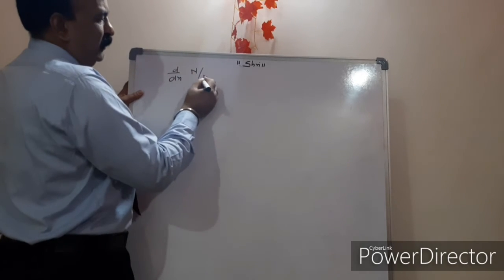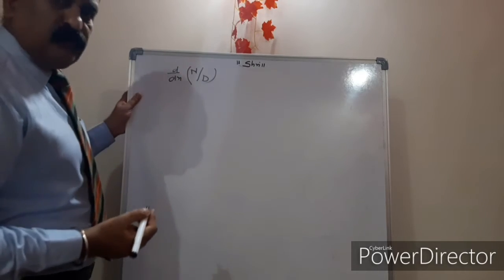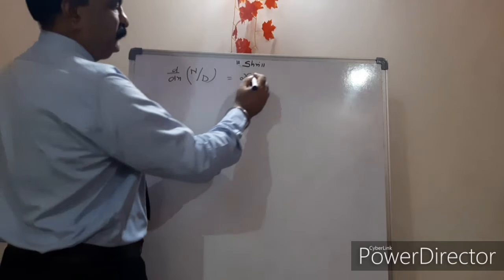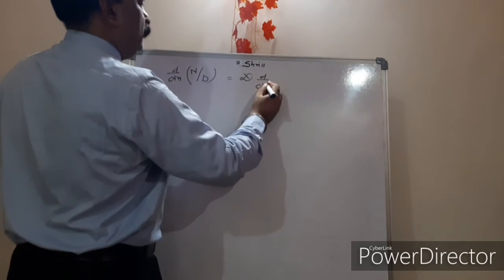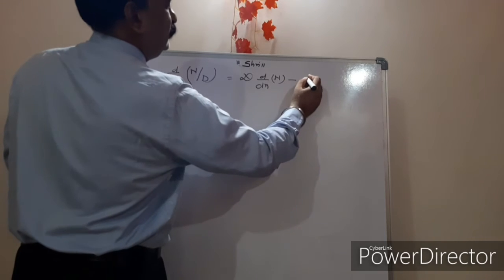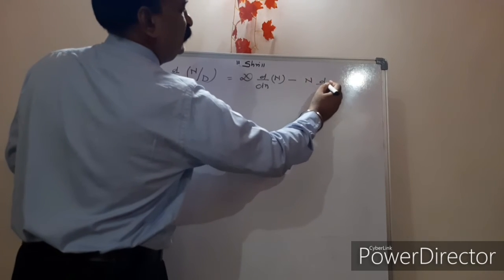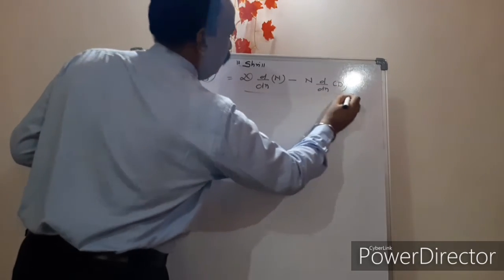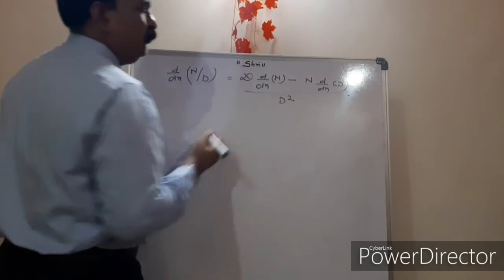So how to find this coefficient? You leave the denominator first, d/dx of numerator, minus leave the numerator, d/dx of denominator, upon denominator whole square.